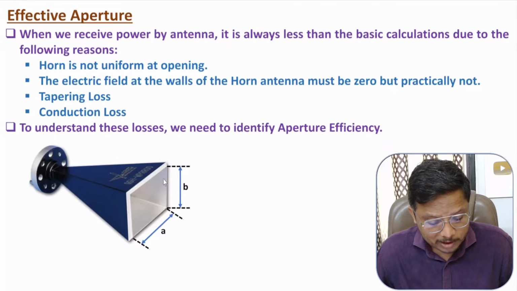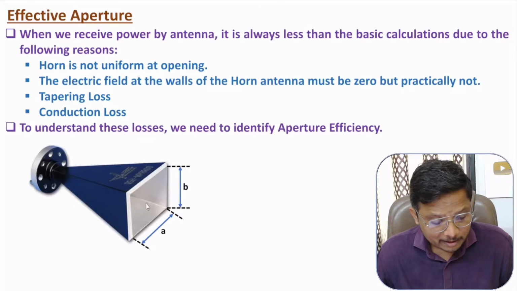So here we have the walls of the horn. If on the walls the electric field is not zero, in that case there can be loss of signal. With this horn there may be tapering loss or conduction loss, as these walls are metallic walls, right?